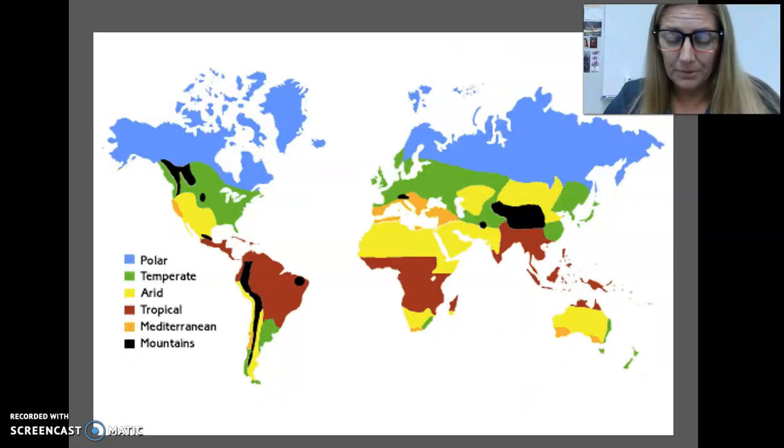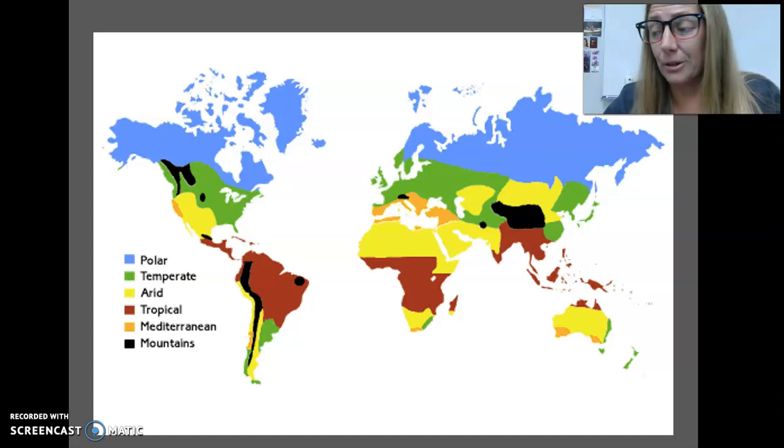And again, just pulling up this map showing you the different biomes. So to wrap it up, wind plays a huge role in regulating the climate on Earth, and wind also affects the ocean, which means that oceans also play a huge role in moderating the climate of Earth.